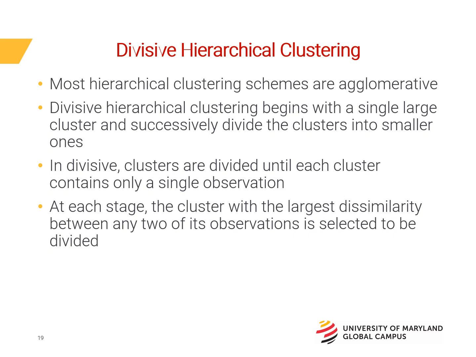So the steps, similar to what we did in agglomerative, start with an initialization step. All data points are placed in a single cluster. And then you start the division. That means you select a cluster to divide. Then you split, dividing the chosen cluster into two subclusters, again based on a similarity measure.